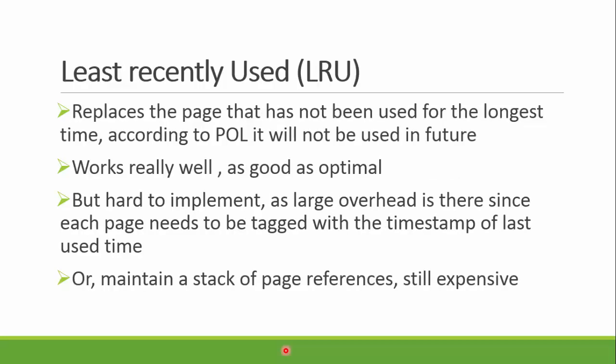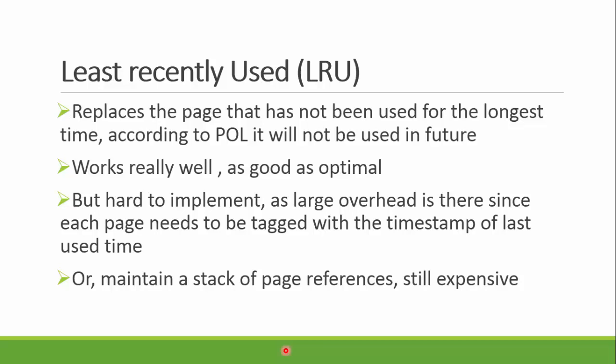The second one is least recently used. It replaces the page which was not used for the longest time. It replaces the very old pages and keeps the new ones, the old ones which were not used or modified. This is also hard to implement because for every page there needs to be a timestamp.